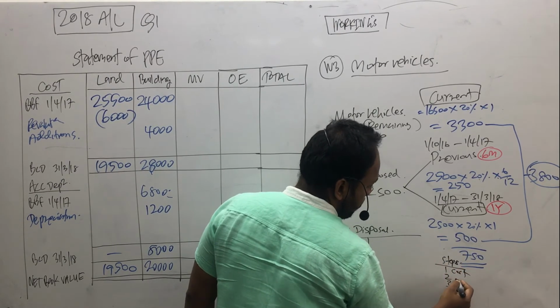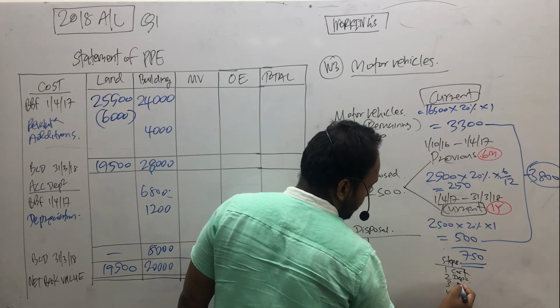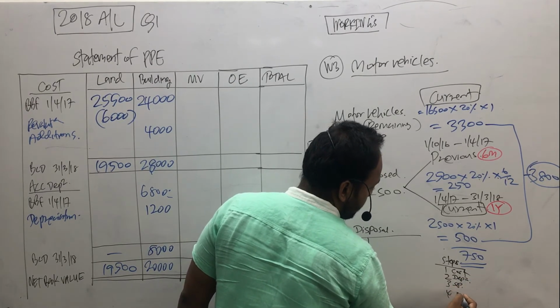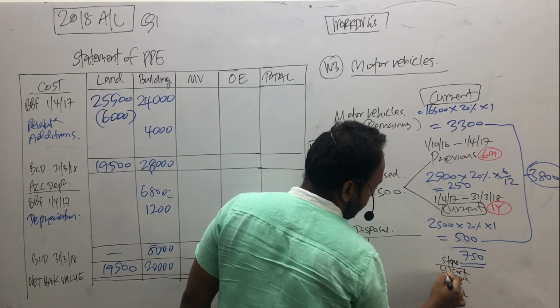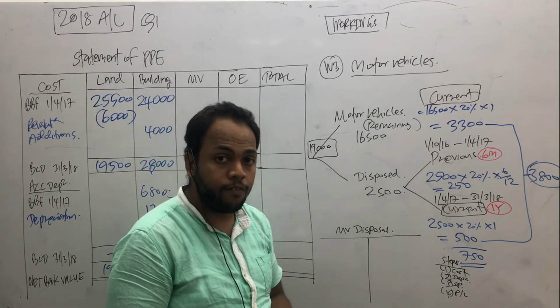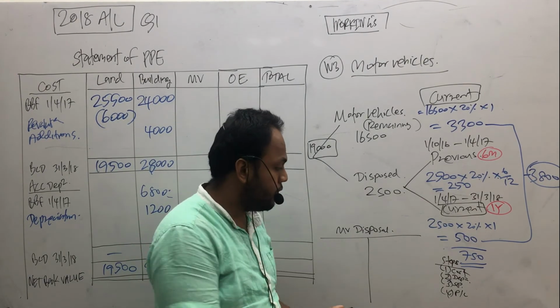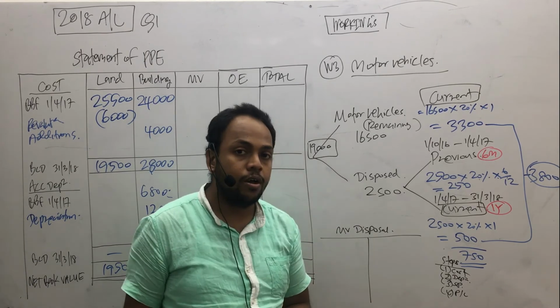First, you transfer the cost, then transfer the total depreciation, then the sales proceeds, then the profit or loss of the disposal. So you need to follow these 4 steps when you are calculating the disposal profit or loss.